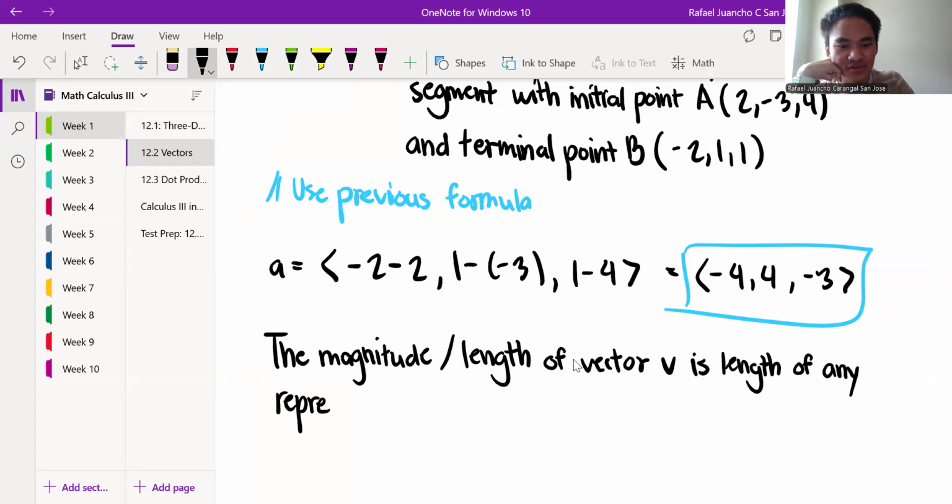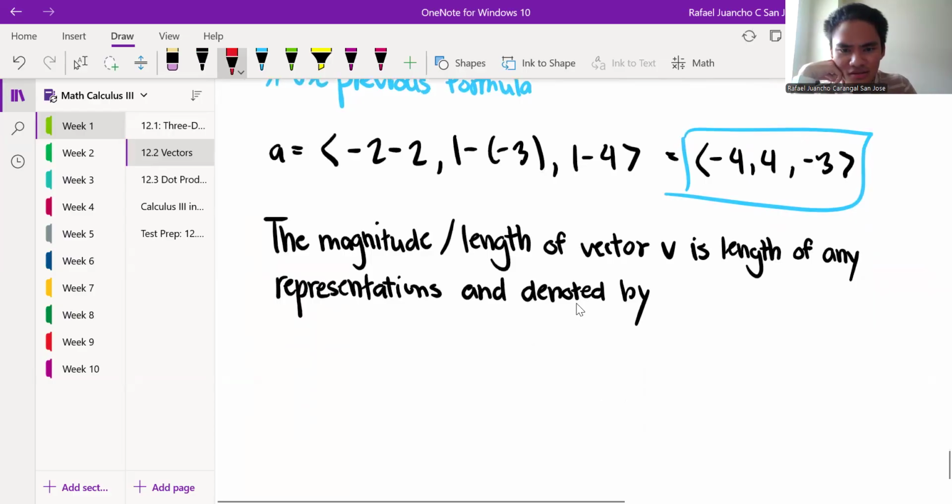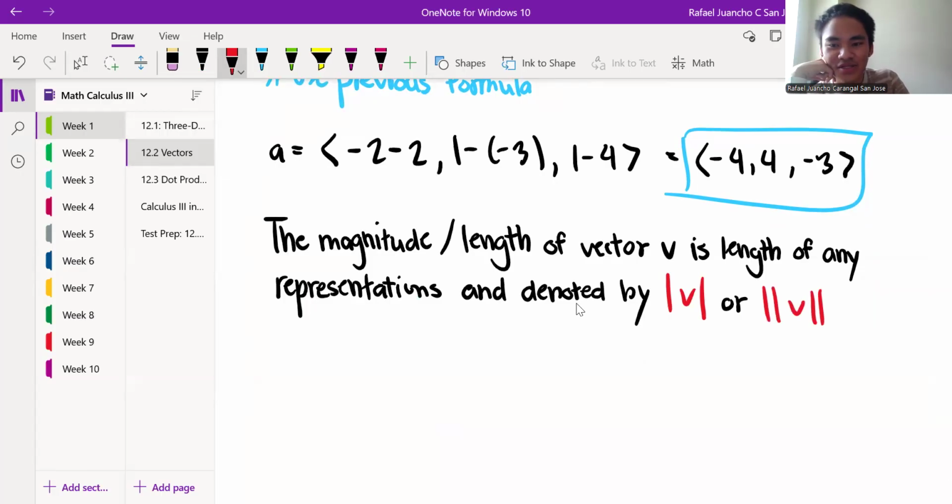So like from the previous one, they have the same lengths, right? This is something I haven't learned yet, but it's the symbol with the two vertical lines in between the letter. And by using the distance formula to compute the length of a segment, we have the following formulas.